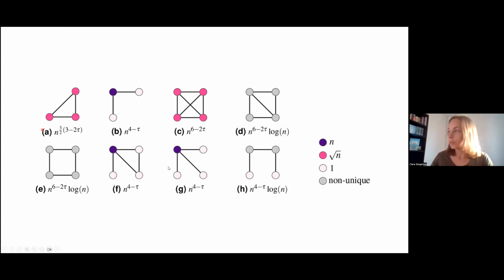What this theorem says is that, for example, the triangle, you almost always find on nodes with degrees approximately square root n, where n is the size of your network. So this is where you almost always see triangles.